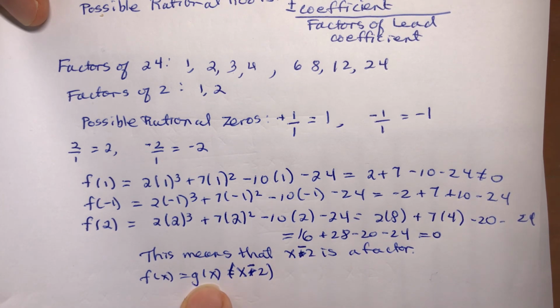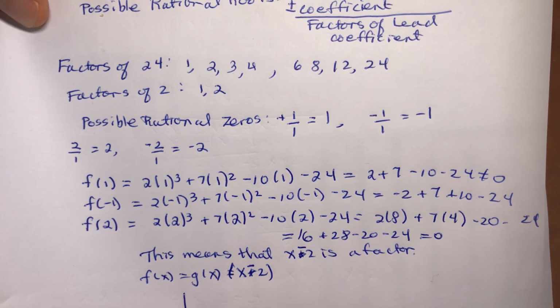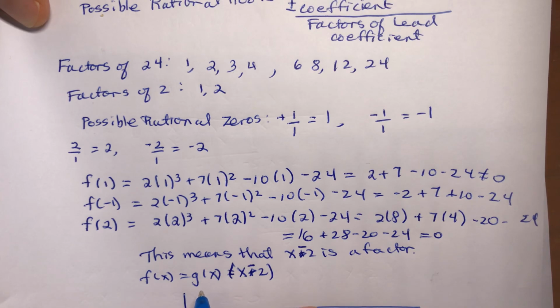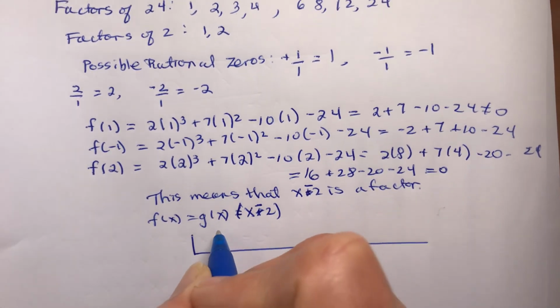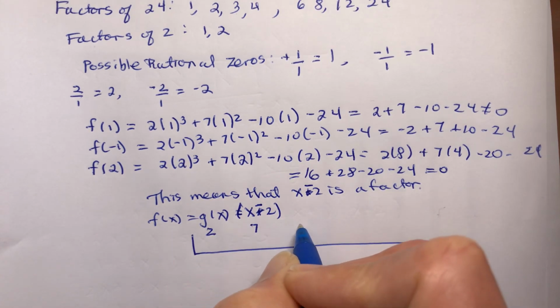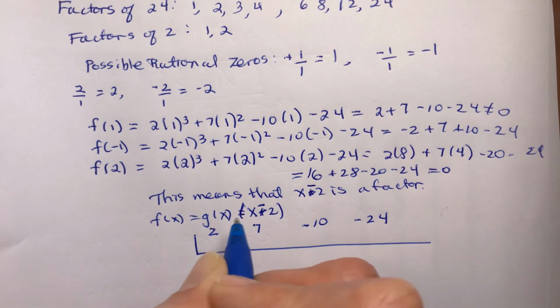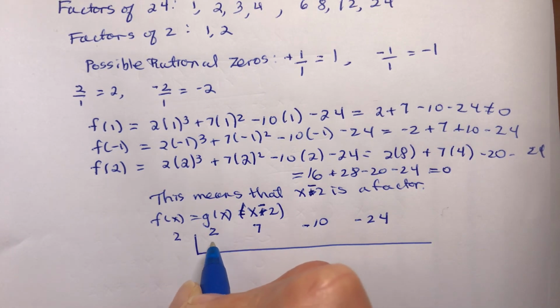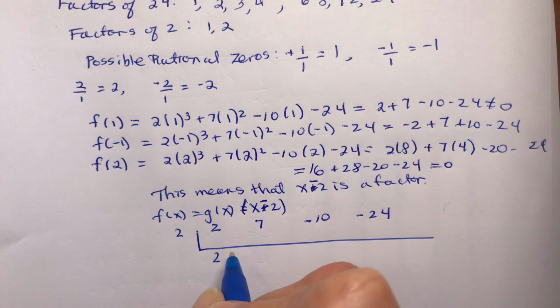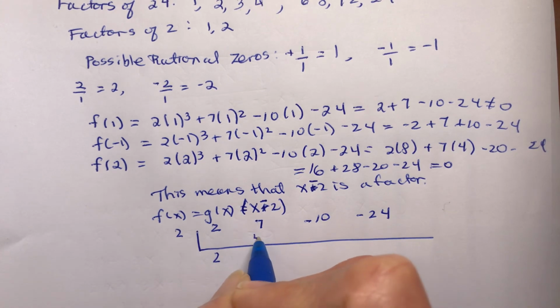So now what's g of x? Well, the way I can find that is by long division. Or if you want, you can use synthetic division, which could be a little bit more trouble. But what we do is we put down the coefficients for the polynomial, and we put down the 0, which is 2, and we do synthetic division. Bring down the 2. 2 times 2 is 4.